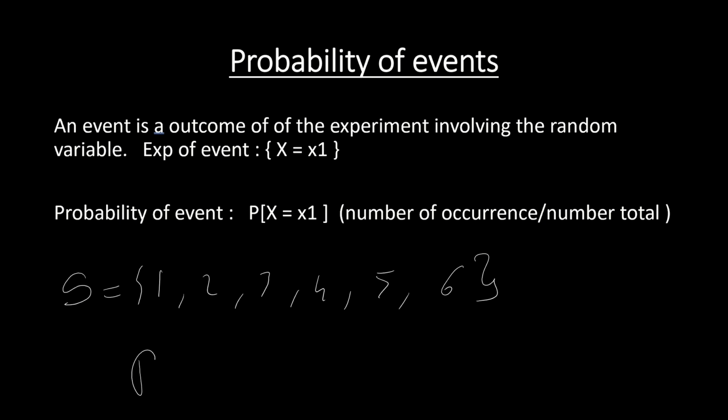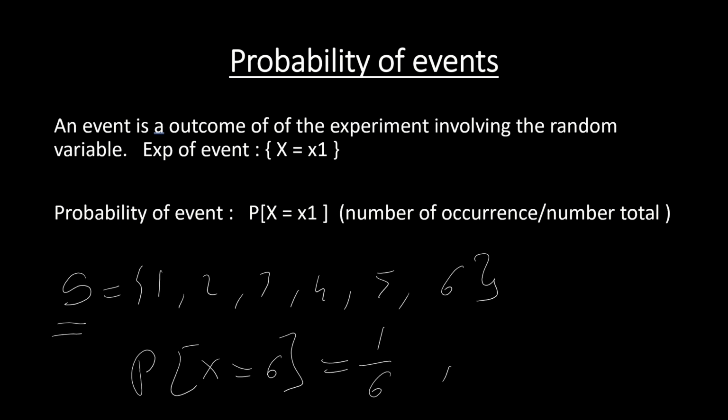So the probability of getting x equal to 6, for example, is 1 over 6. If you denote by x the event of getting something from the set of possible outcomes, which is the set S, the probability of getting 6 is 1 over 6.